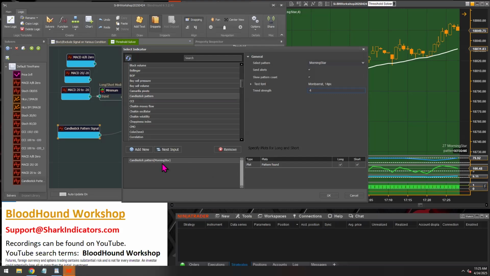And you can see this indicator has a plot called pattern found. So that's the signal when the indicator identifies that pattern. And this plot will become a +1 when that pattern is found. As for what the value of that plot or output is, you have to go back to the vendor or whoever created this indicator. You'll have to get those values from that person.